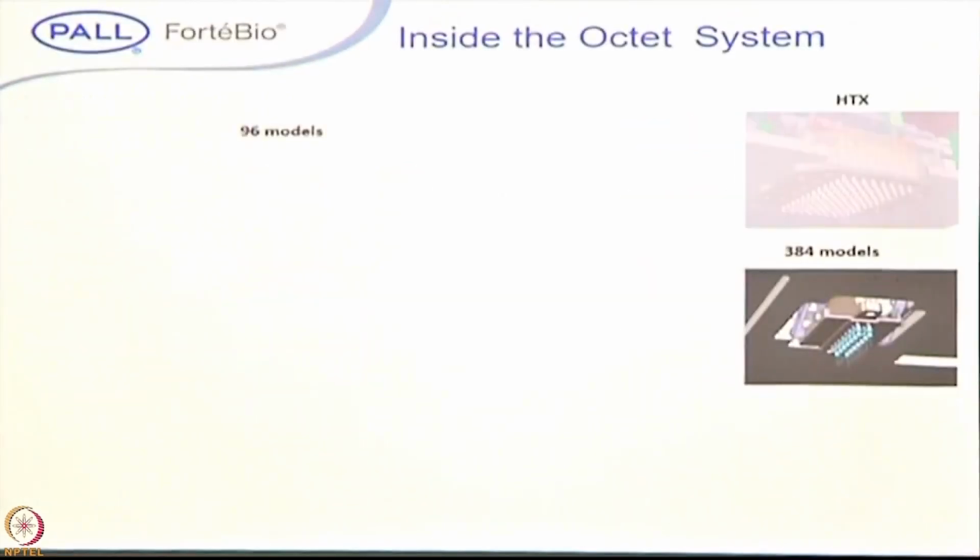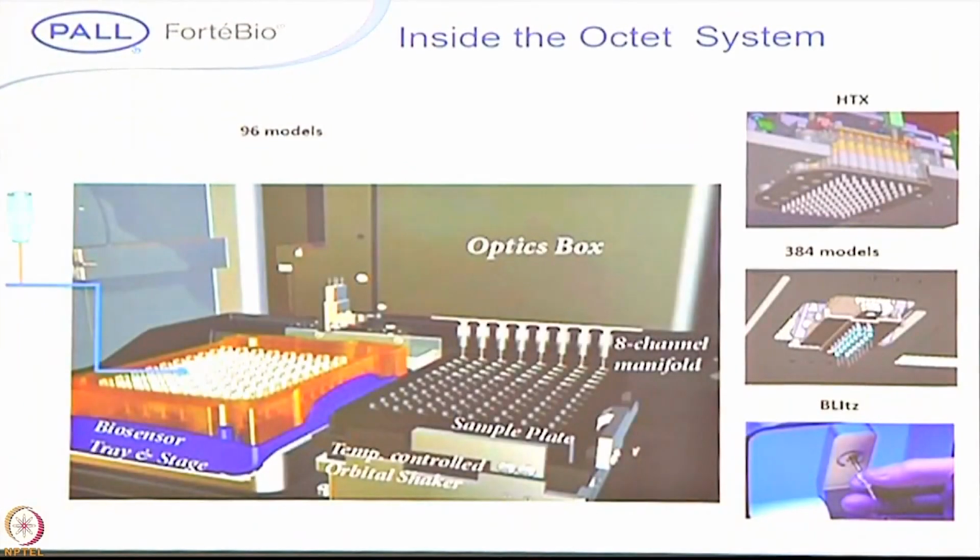If you look at the instrumentation inside the Bio-Layer Interferometry Octet platforms, this is the spectrophotometer, connected with the robotic arm, and these are the sensor trays. This is a 96-well plate format. The robotic arm picks up the sensor and dips it into your 96-well plate. For the sample plate, we have an orbital shaker and temperature control.